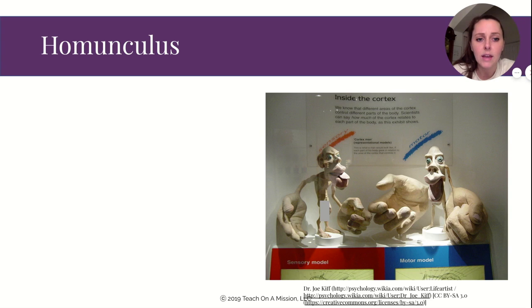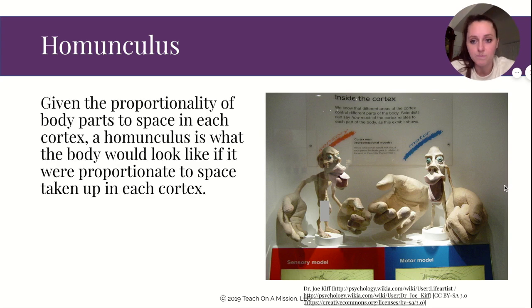You might be thinking, what am I looking at here? Well, you see these two dudes with a lot of disproportionate body parts, right? And the purpose of these is to show you what your body would look like based on the portions of the motor cortex that are related to that body part.